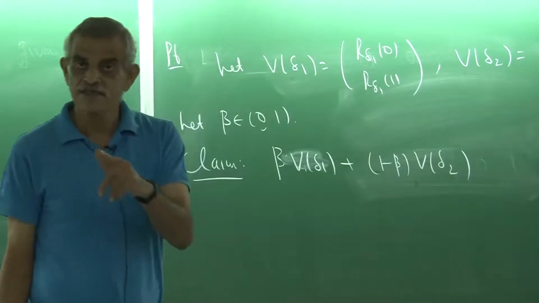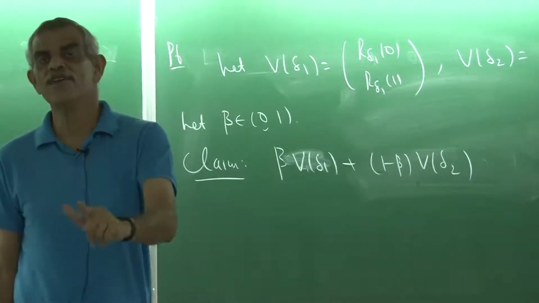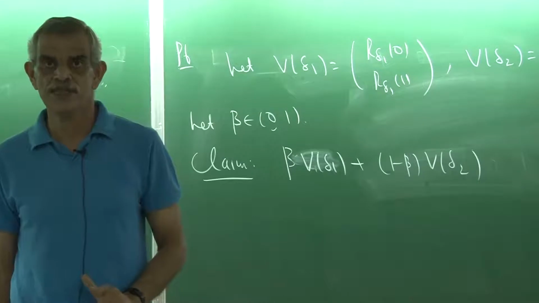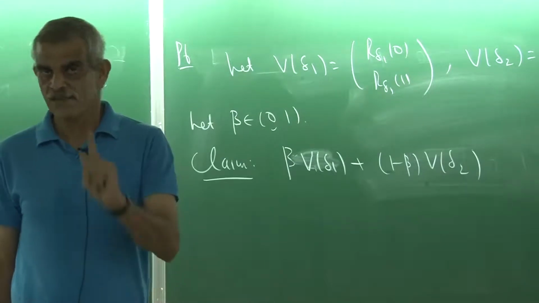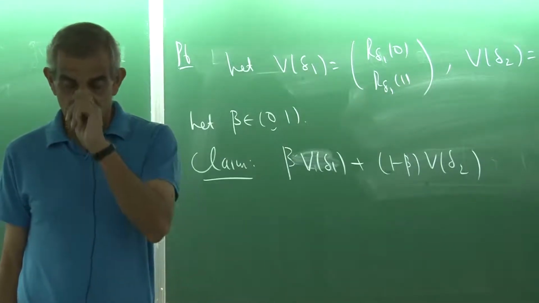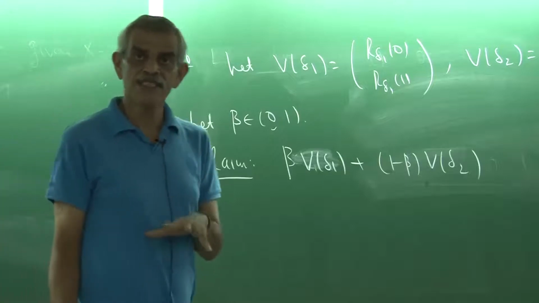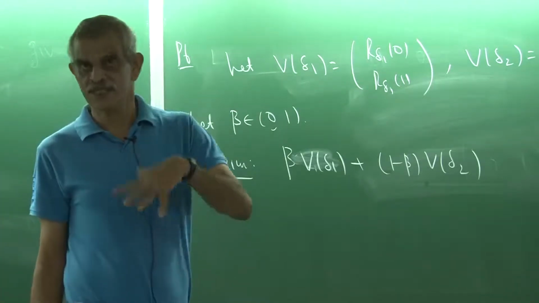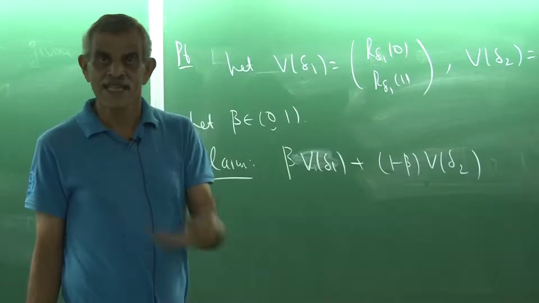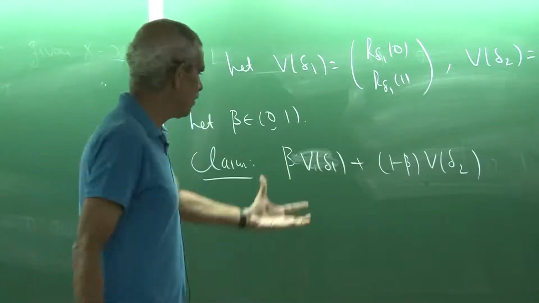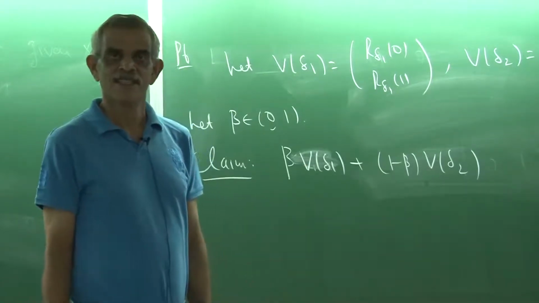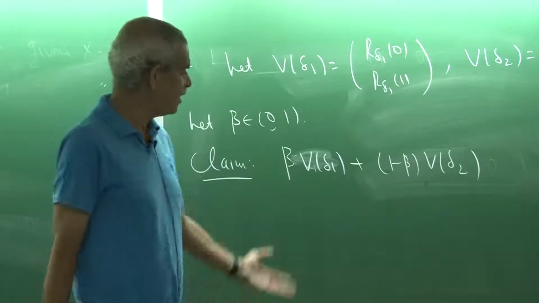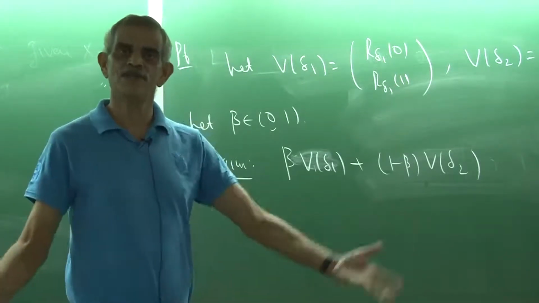But for that, first I have to show that beta delta 1 plus 1 minus beta delta 2 is a decision rule. That is the first step I will do. Once I have established that it is a decision rule, I will try to see what its risk is, and then I will show that its risk is same as this. And from there I will conclude that this is a risk of some decision rule.